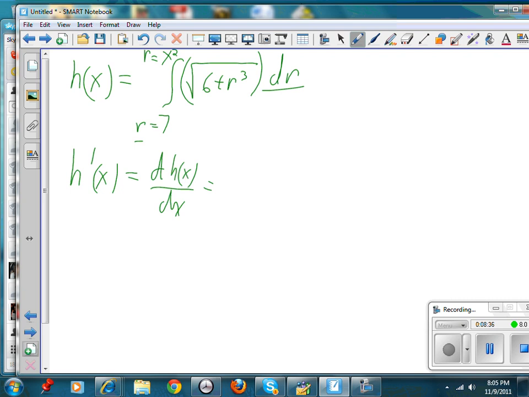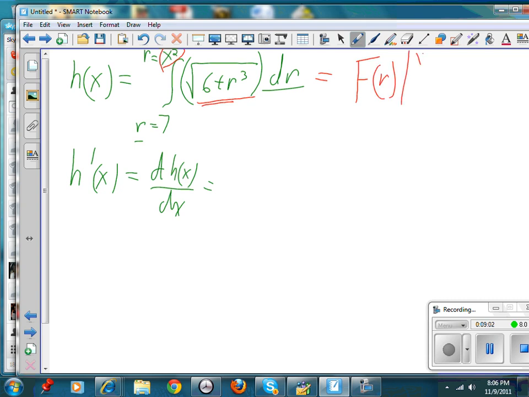Notice what makes this thing a little bit squirrely is the fact that I got x squared up here, you see? Not just x. But let's start off and just say, well, I don't really know what the antiderivative of this is. In fact, it's impossible for me to find, but I'm going to notate it as whatever it is, it's big cap F at r.